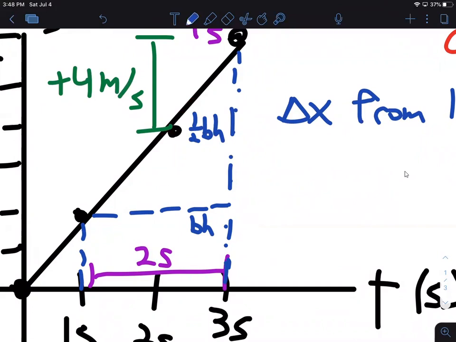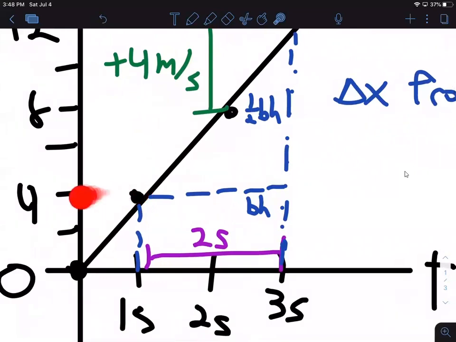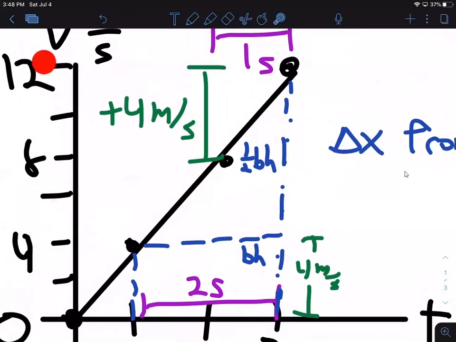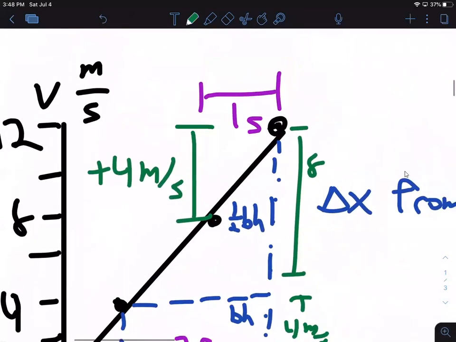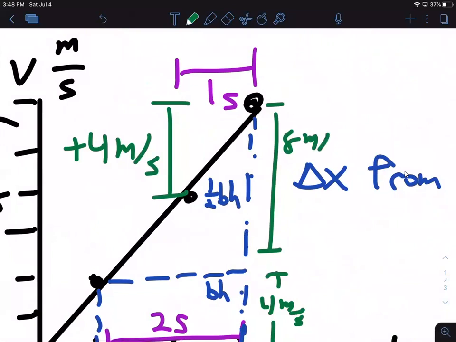All right, so let's do each of these. I've got here, they both have a base of 2 seconds. The height would be 4 here. So I've got a height of 4 meters per second. Whereas the height here, what was that, 4 and went up to 12. So that would be 8 meters per second.